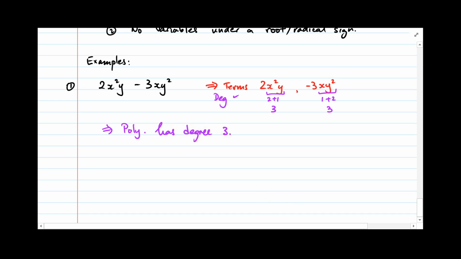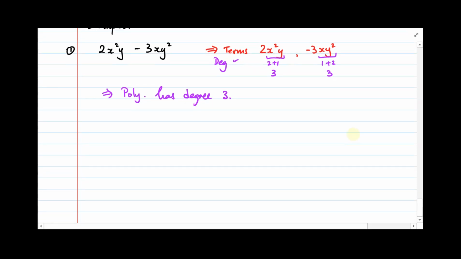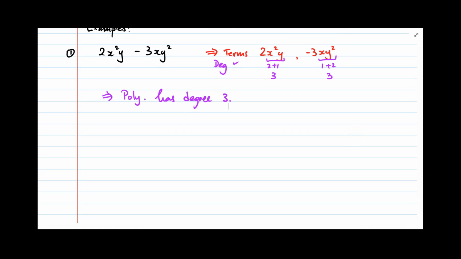Now, if I were asking about the ordering of this polynomial, how do we order it? Is it alright to start with a positive? Should I always start with a positive? Does x squared y come before xy squared?